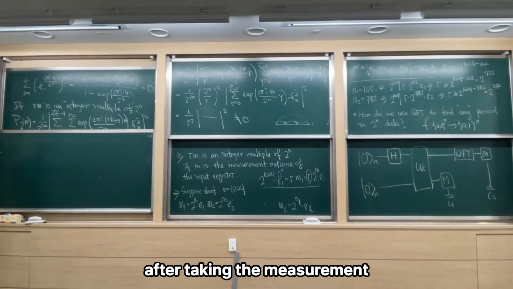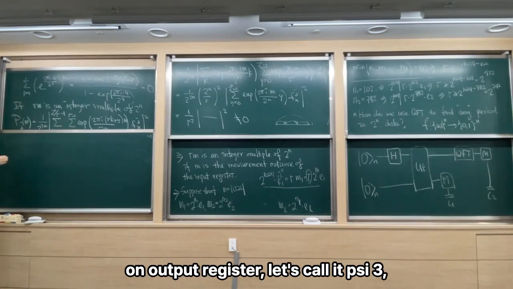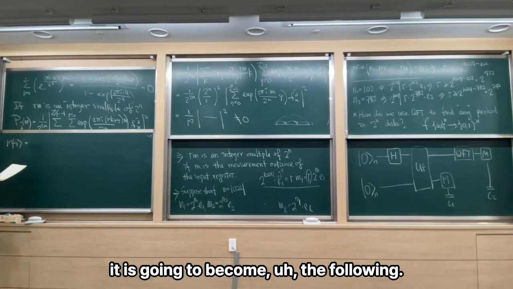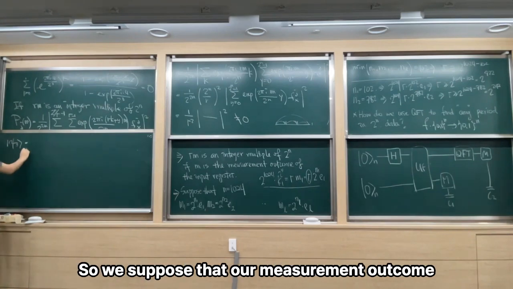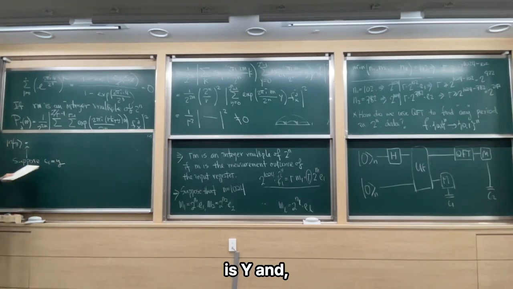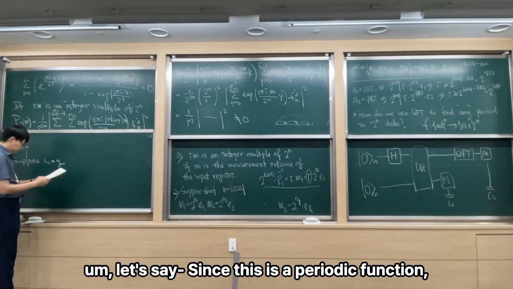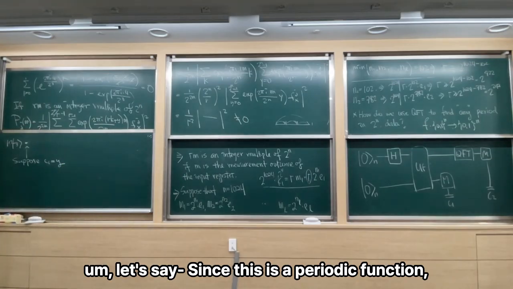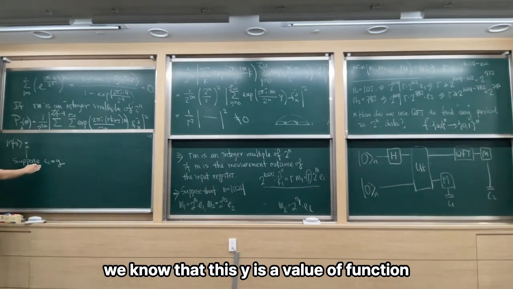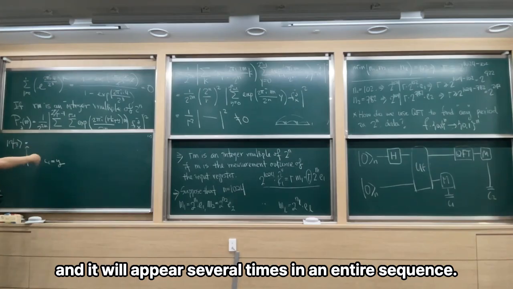After taking the measurement on the output register, let's call it psi 3, it is going to become the following. Suppose our measurement outcome is y. Since this is a periodic function, this y is a value of the function and it will appear several times in the entire sequence.